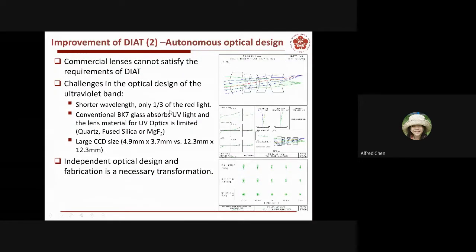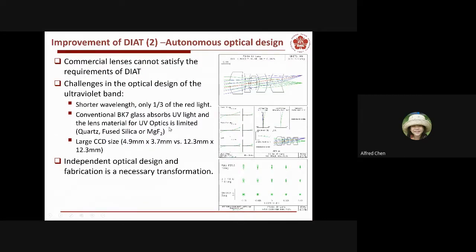Another hot topic is the material for this kind of optics lens. A conventional BK7 glass will absorb the UV light, so this conventional glass cannot be used as the lens material.